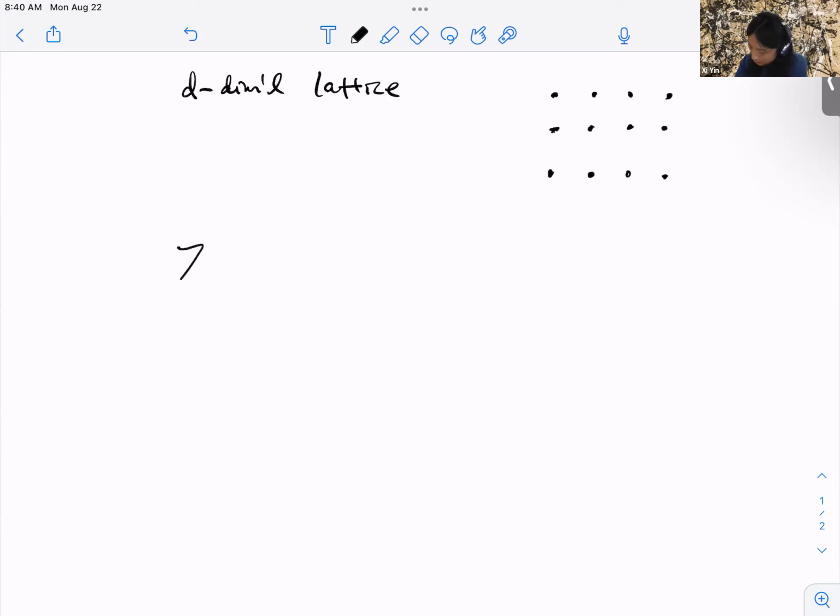So as usual, the partition function is going to be a sum, where we have sites labeled by x in this lattice Lambda, and we have spins on each site, which I take to be plus or minus 1. And as usual, we have some nearest neighbor interaction.